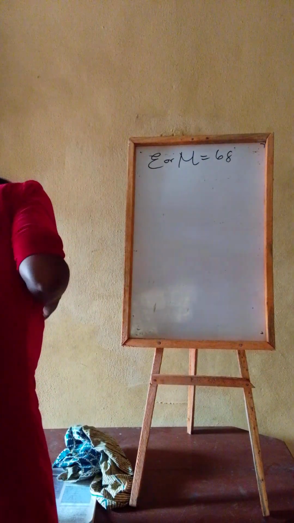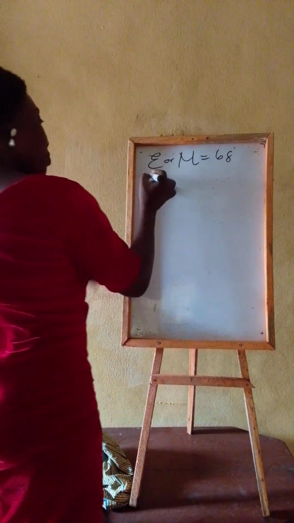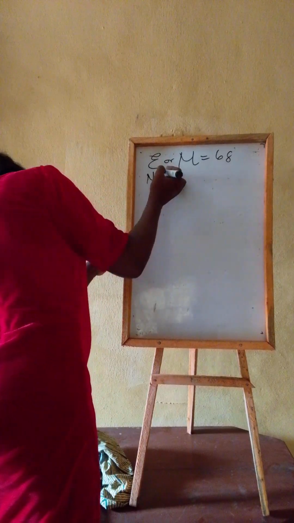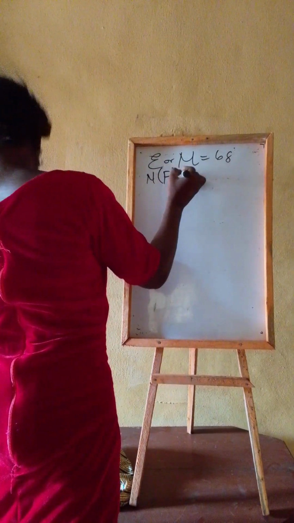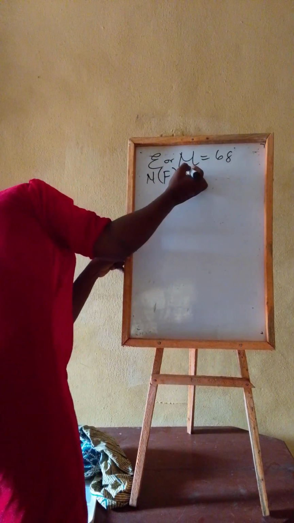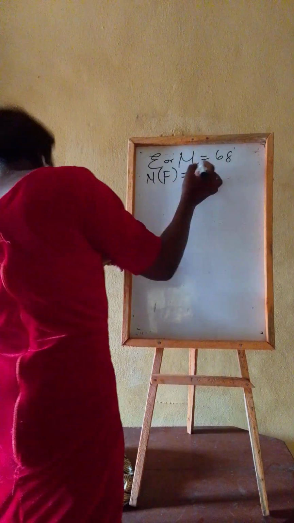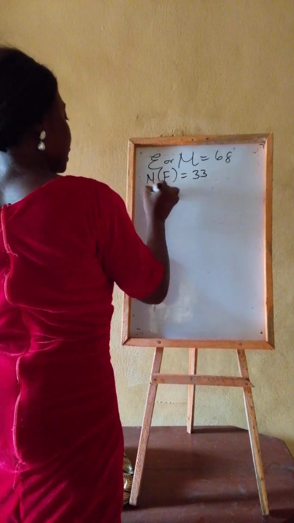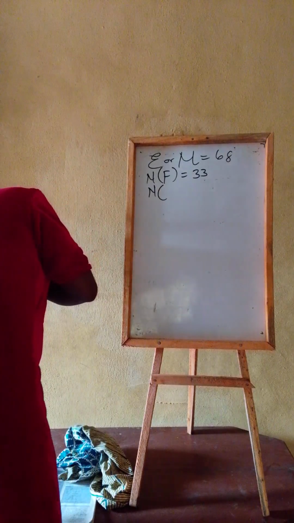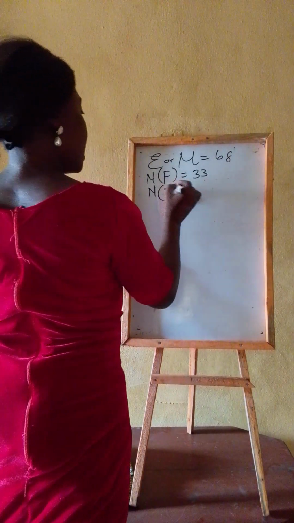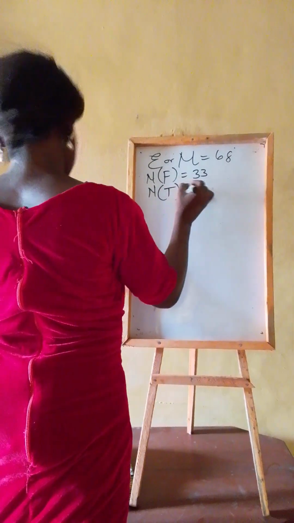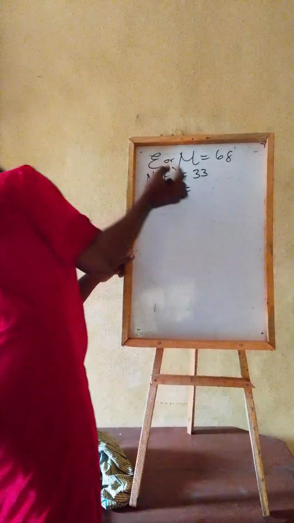The number for feed events is 33. The number for track events is 40.